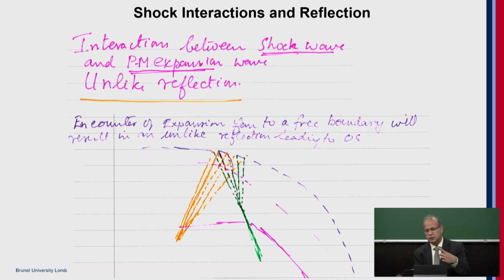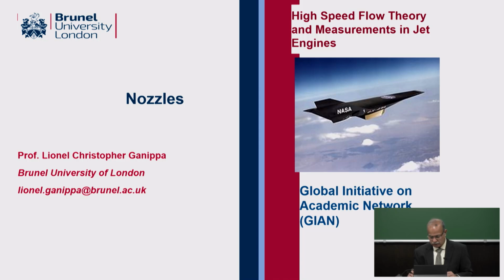So there will be a number of weak oblique shocks. Weak oblique shocks will coalesce to form a strong oblique shock. So the principle of flow turning is very similar to what we have discussed before.